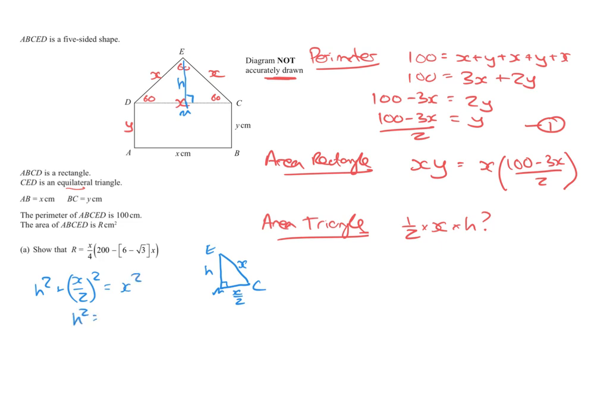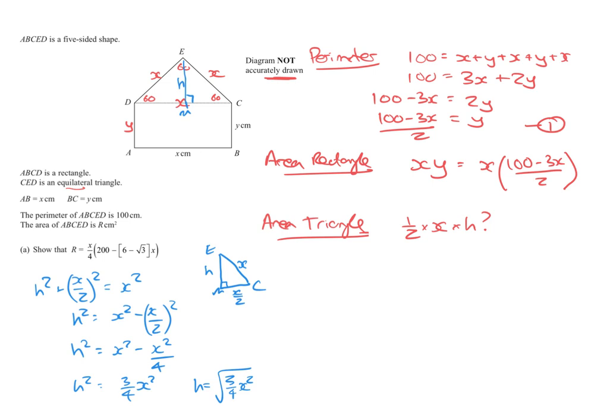So h squared equals x squared minus (x over 2) squared. h squared is equal to x squared minus x squared over 4. So I've got x squared minus a quarter of x squared. So my h squared is going to be equal to 3/4 x squared. And I'm going to want to square root that. So my h will be equal to the root of 3/4 x squared.